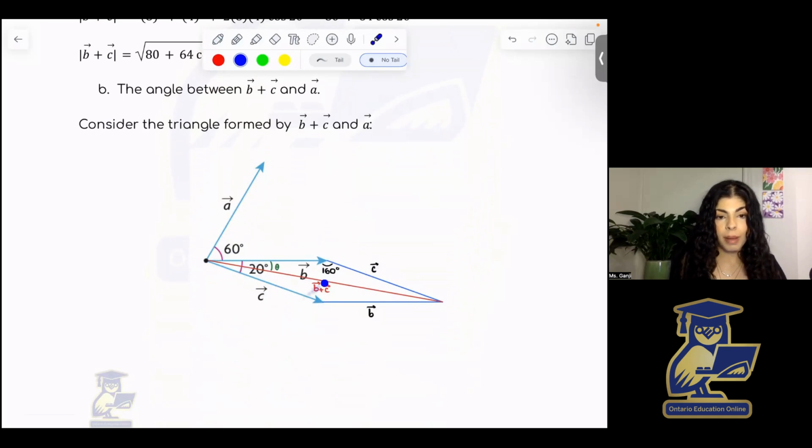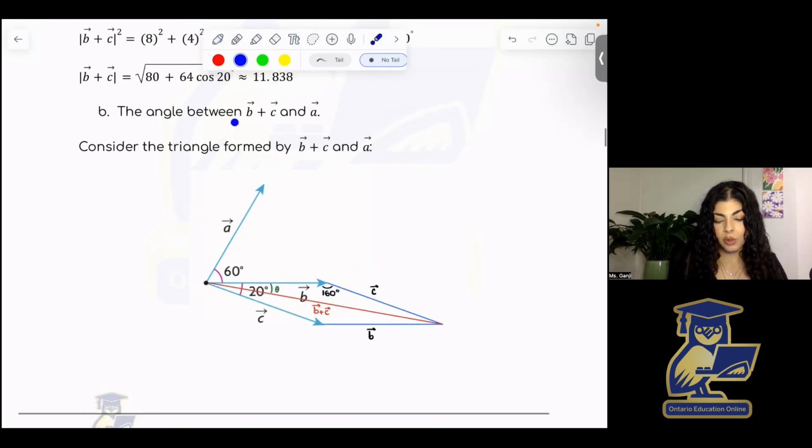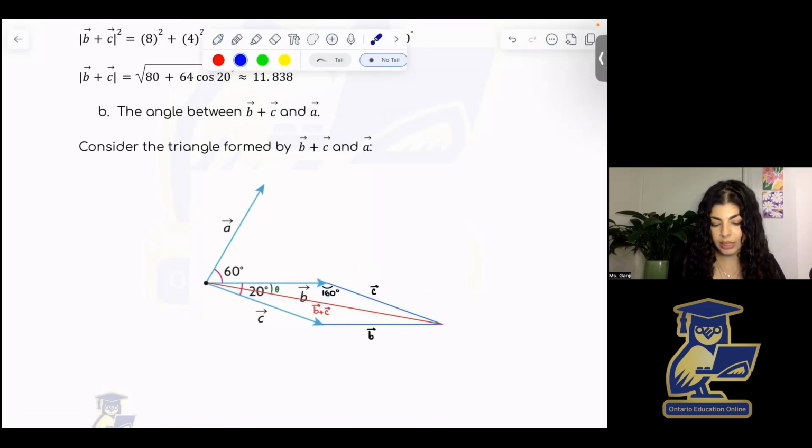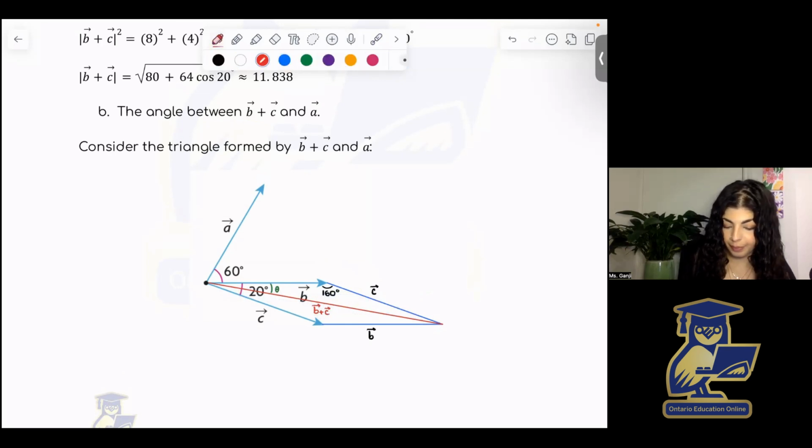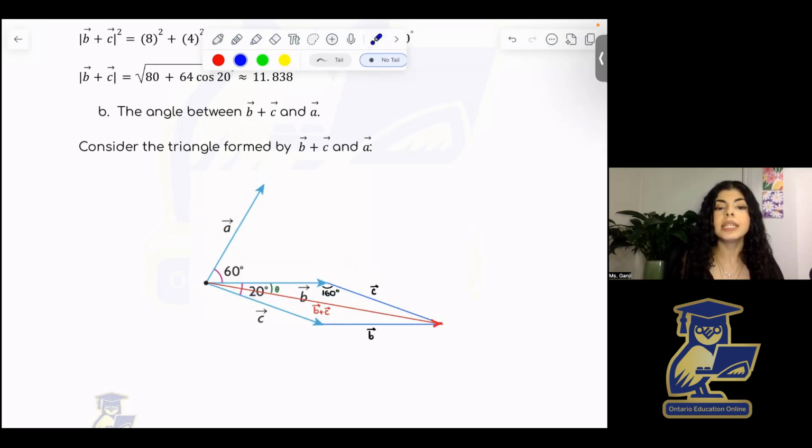And if I draw my parallelogram here, so this is now C, and this is equivalent to B, then we already saw that this was 160 degrees, and what we're asked to find is the angle between B plus C, this resultant, and A. So this is different than necessarily the angle of A and C or A and B. We do need to consider this resultant here.